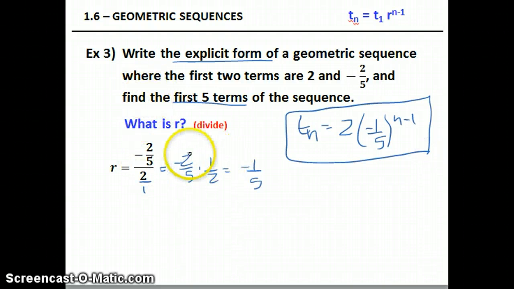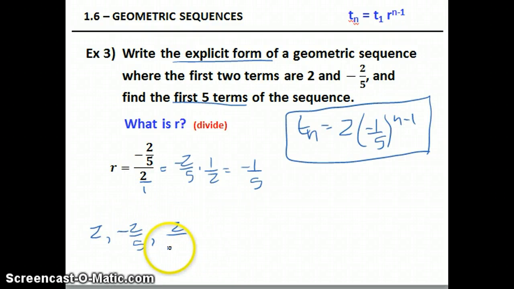The second part is the first 5 terms. Well, lucky for us, we've already got 2 and -2/5. I just need 3, 4, and 5. Well, I know that I just need -2/5 times -1/5, and I'm going to end up with positive 2 over 25, since 5 times 5 is 25.